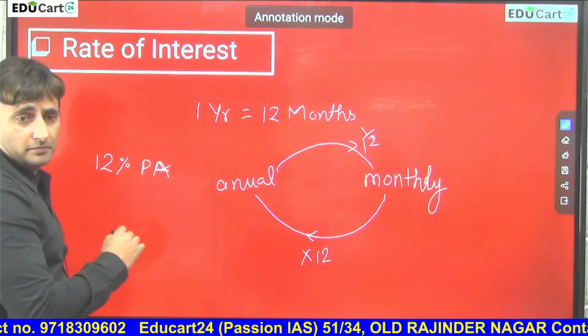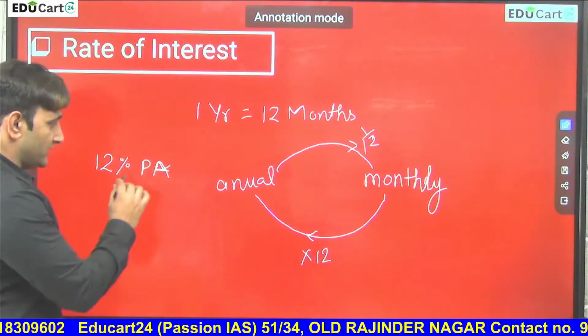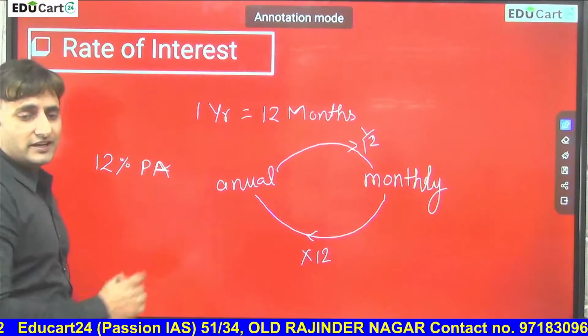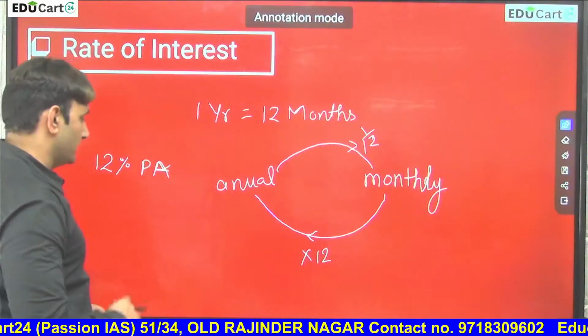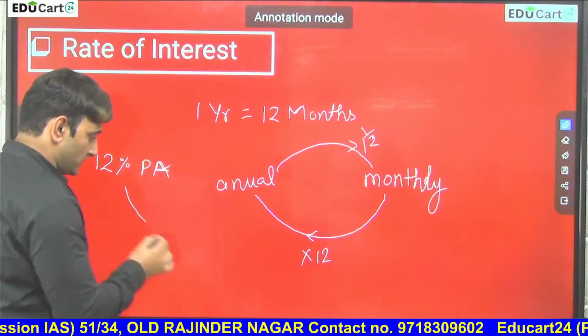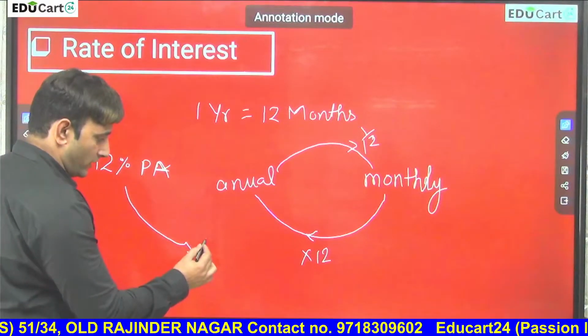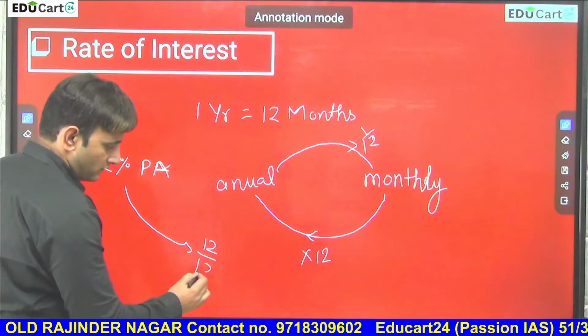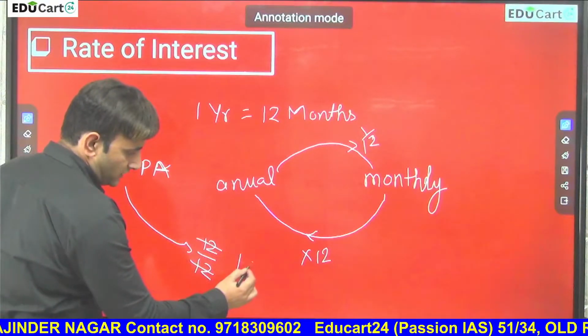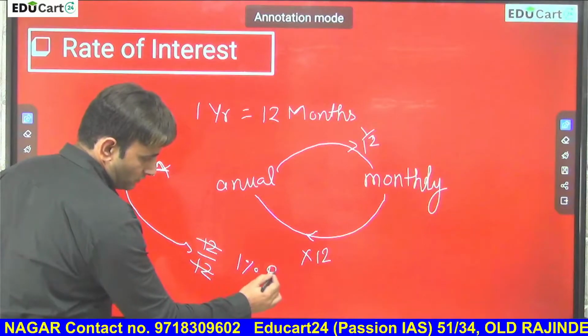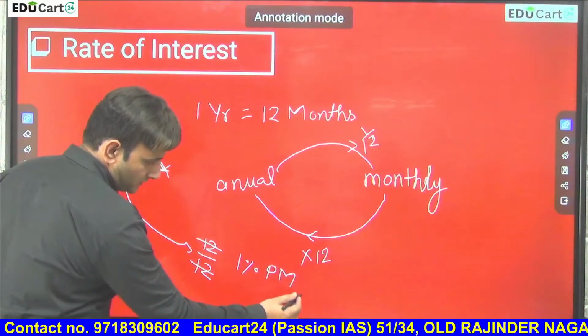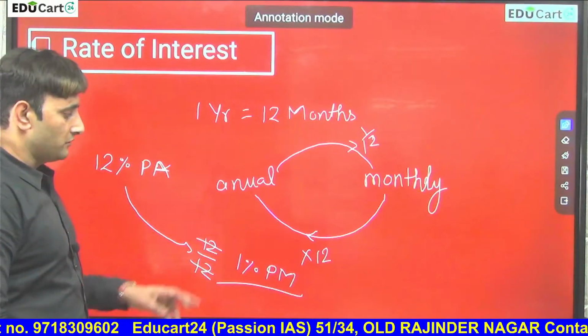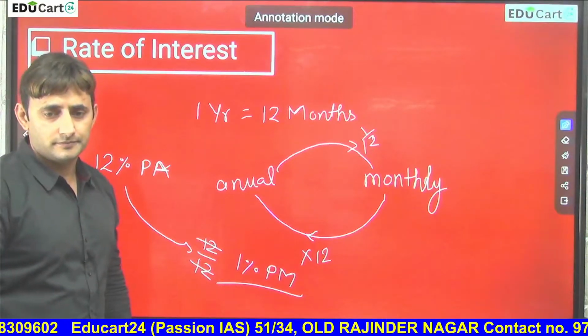Per annum means annual. So 1 year interest is 12%. So monthly interest will be 1% here. Per annum 12%, so if you divide it by 12, you will get 1% per month. Monthly interest will be 1%.